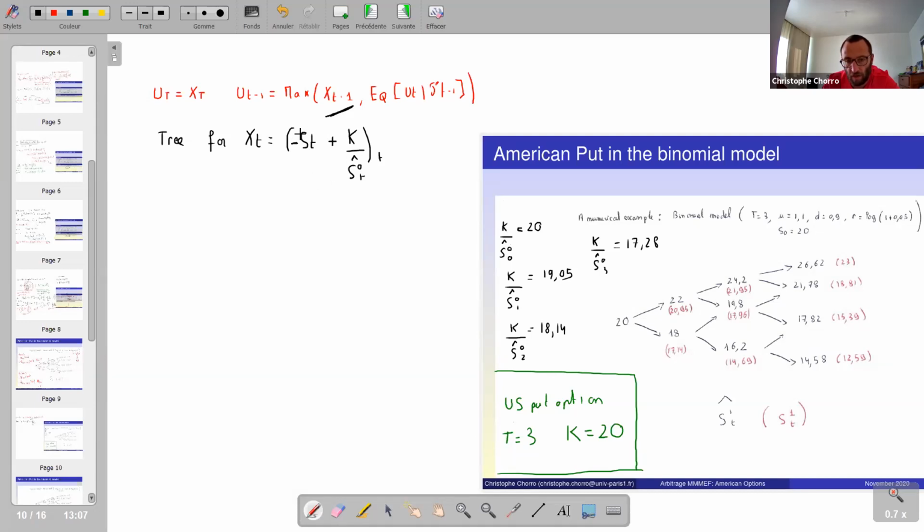Knowing that the dynamic of ST is given by the tree in red here, and I have these values for the four possible cases.